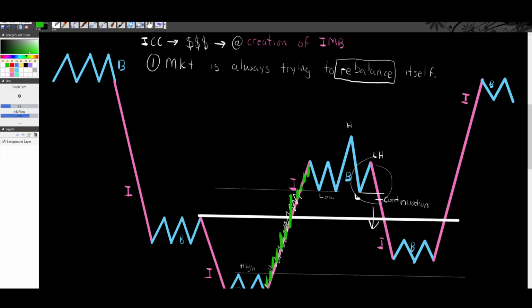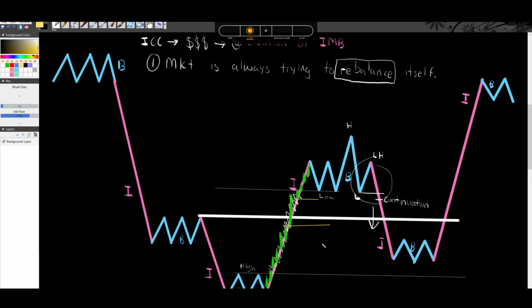So I'm not sitting here trying to mark out my imbalance like marking it out from the low of this candle and the high of this candle and saying, oh, this is my fair value gap. That's not what I'm doing.